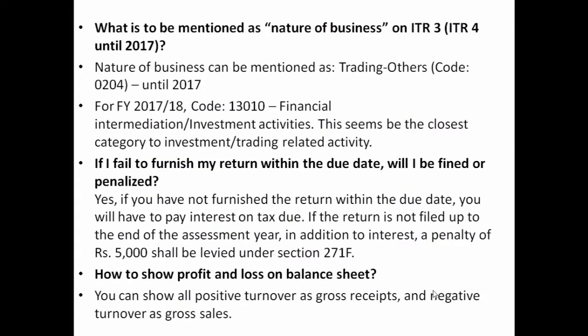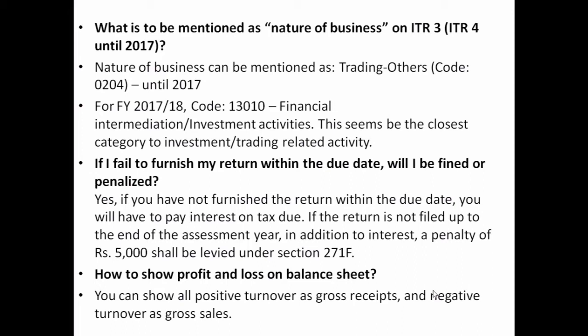Another question here is, what is to be mentioned as the nature of business on the ITR 3? Until 2017 it was ITR 4, now it is converted to ITR 3. The nature of business can be mentioned as trading others. It comes under the code 0204 until 2017. I am talking about the year 2017-18.